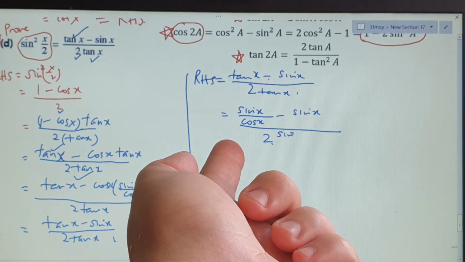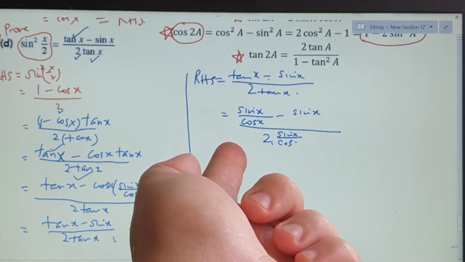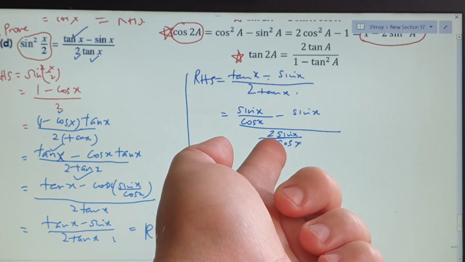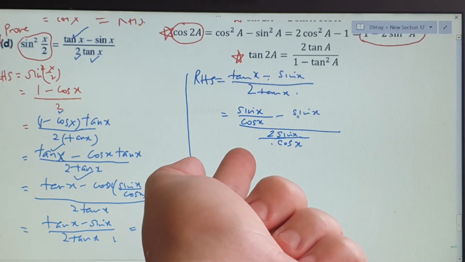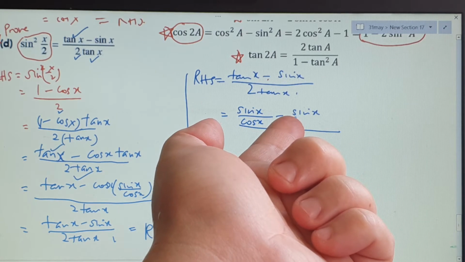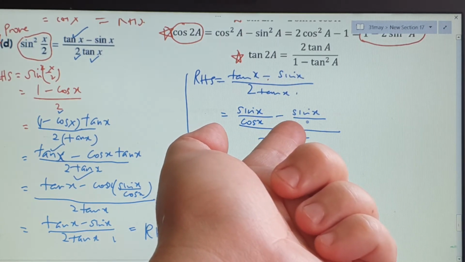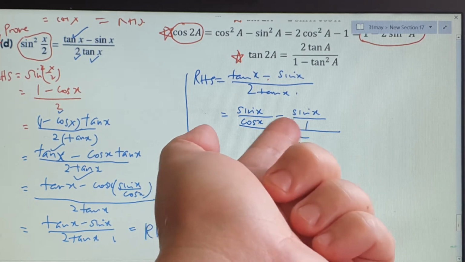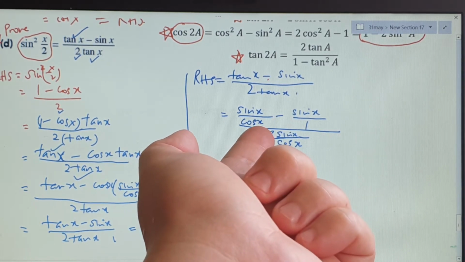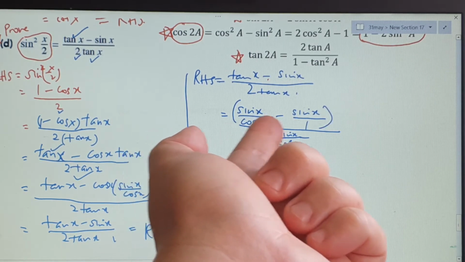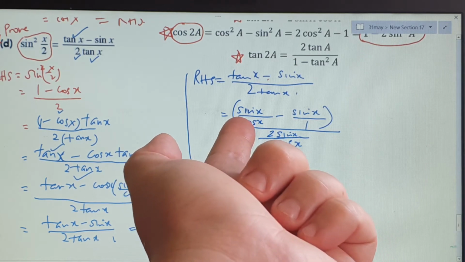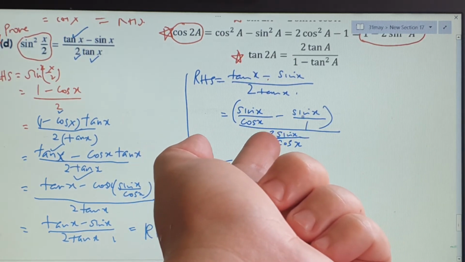Okay, this one also same, sine over cosine. Now this 2 I can actually write here because 2 is actually 2 over 1, so it belongs to the numerator. Okay, now sine, you must also notice that sine is actually sine over 1. Okay, now if I want to simplify this, I can make the numerator, which is the expressions that I've just bracketed up, I can take this and change it into a single fraction.